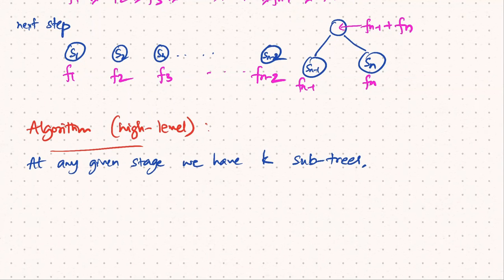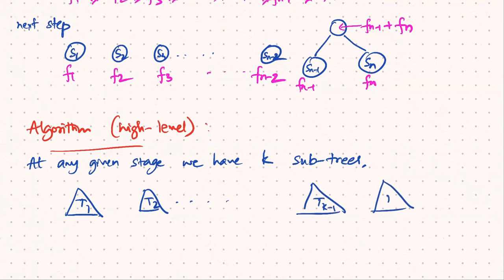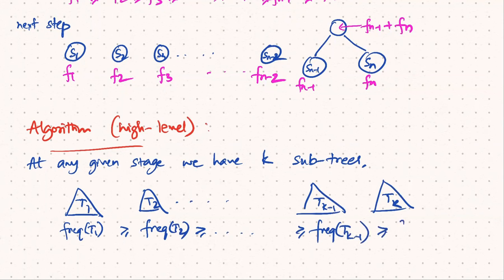We have n leaves, which are n subtrees. Okay, and so let's draw these k subtrees as T1, T2, right? Tk minus 1 and Tk, and let's say we have written them such that the frequency of T1 is greater than or equal to the frequency of T2, greater than or equal to, and so on, right? So we have sorted them in decreasing order of their frequencies, right? Remember, the frequency of a subtree is the sum of the frequencies of the leaves in that subtree.